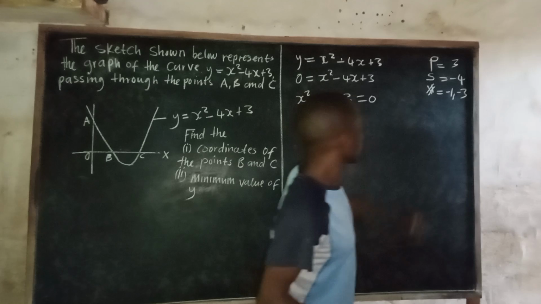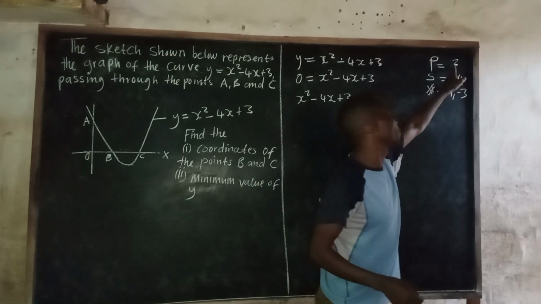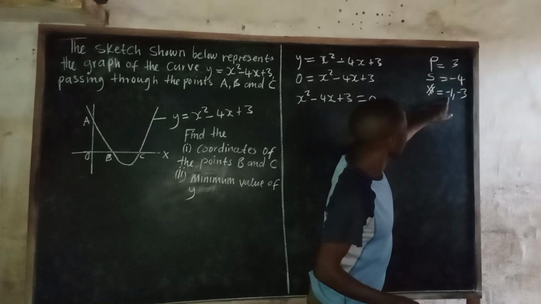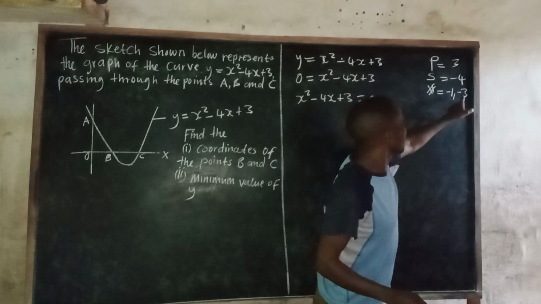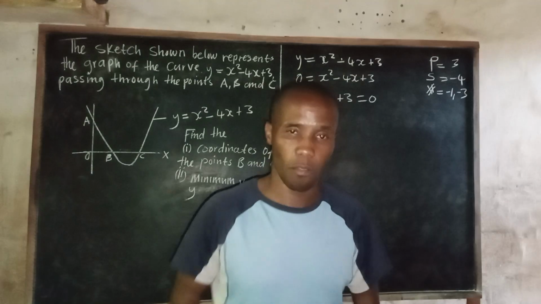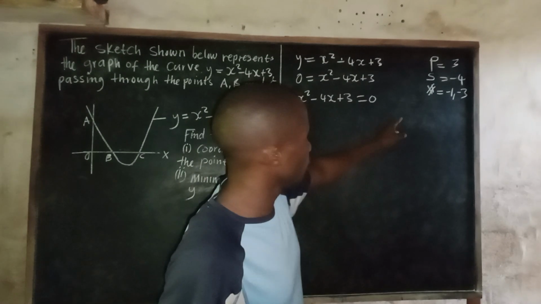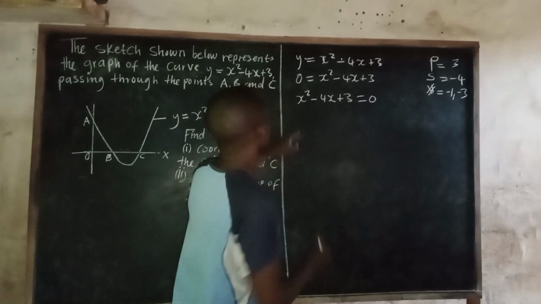Because when we multiply negative 1 times negative 3, the answer will be positive 3. Then when we add negative 1 plus negative 3, the answer is negative 4. Having identified the product, now we can go on.